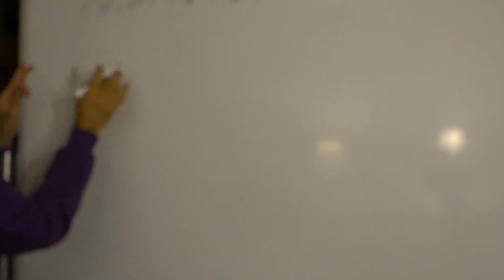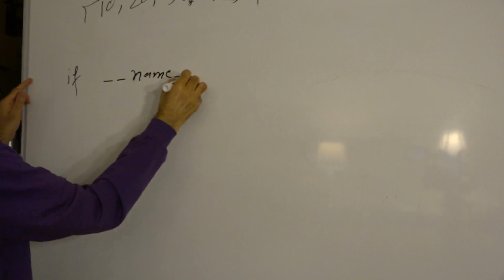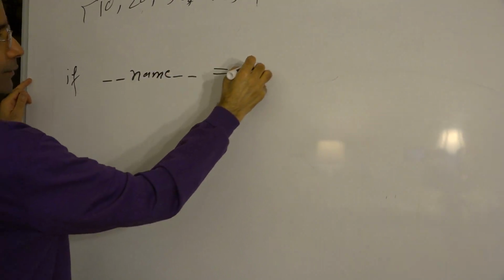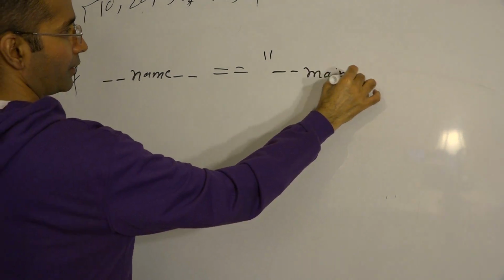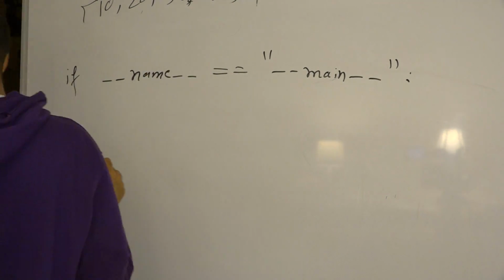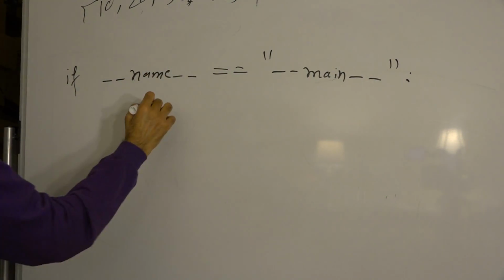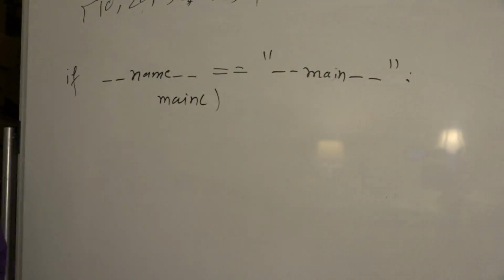Okay. So if there is something like this, if __name__ is equal to __main__, then we call main, and the main calls toSum, right?